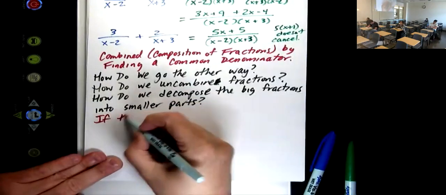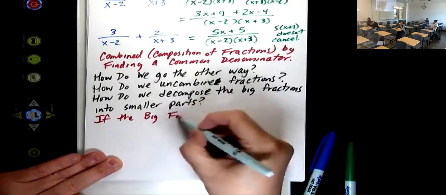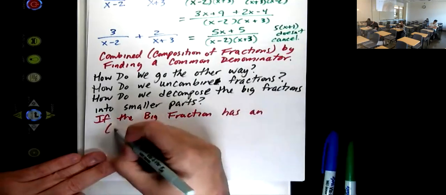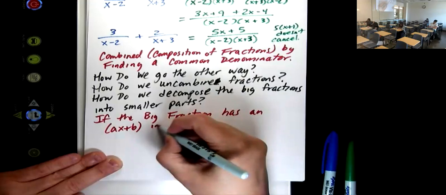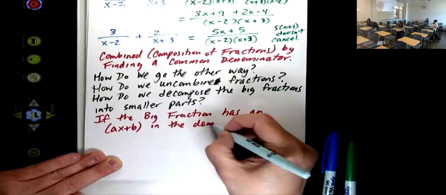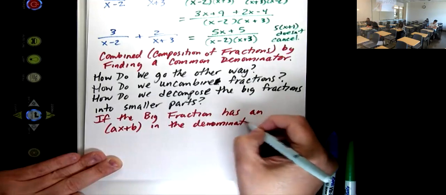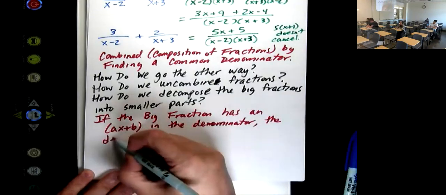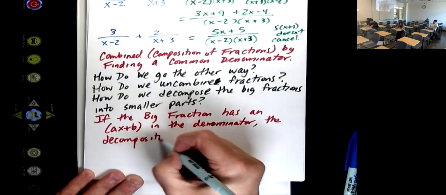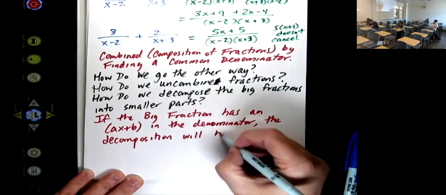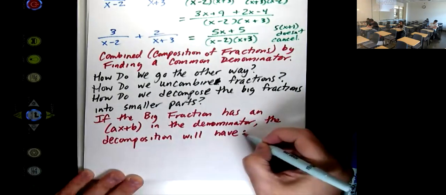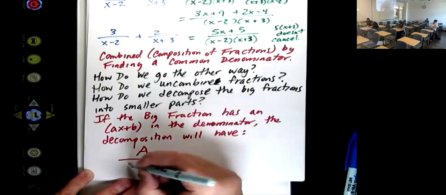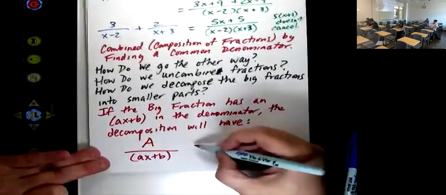If the big fraction has an ax plus b in the denominator, the decomposition will have a over ax plus b in it, where a is a constant.